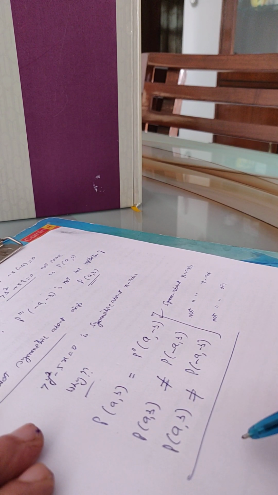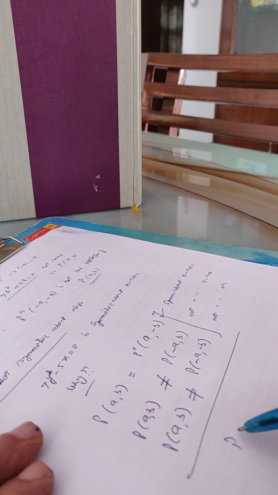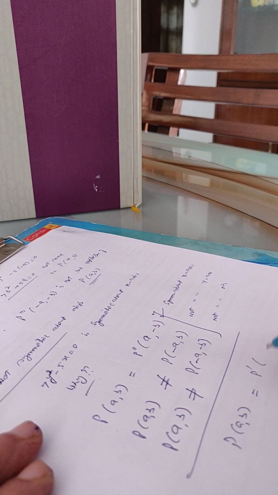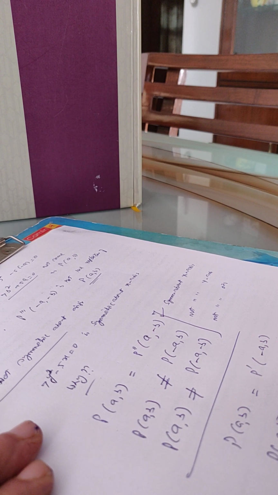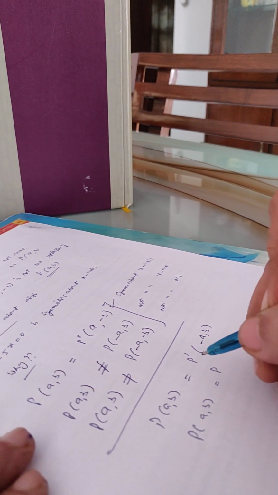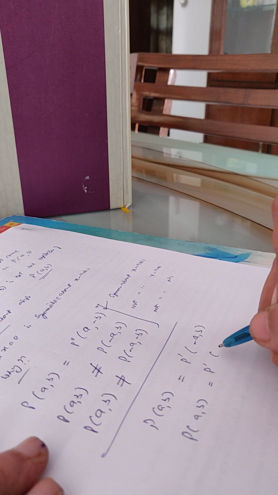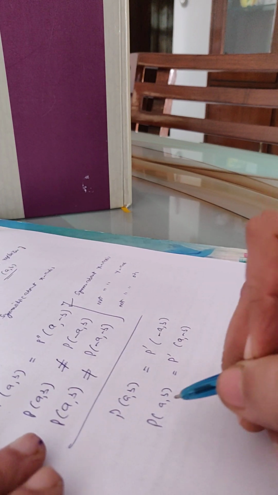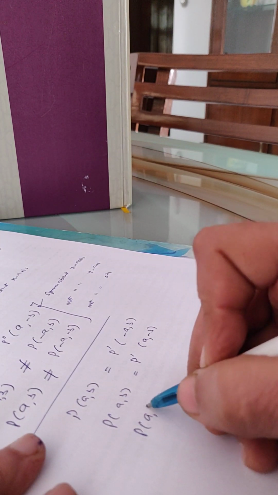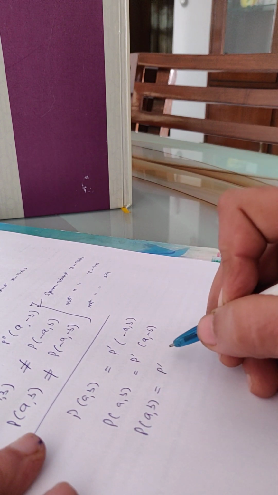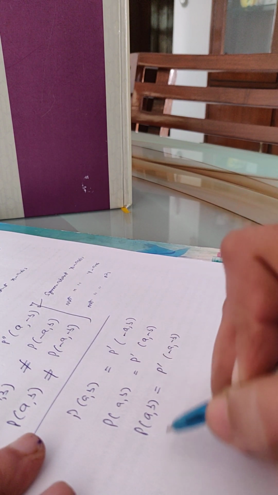So to be symmetric about the y-axis, it should satisfy P dash equal to (minus a, b). To be symmetric about the x-axis, it has to satisfy P dash equal to (a, minus b). To be symmetric about the origin, it has to satisfy a condition like this.